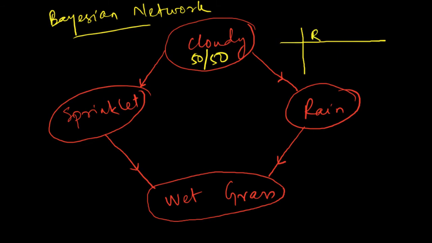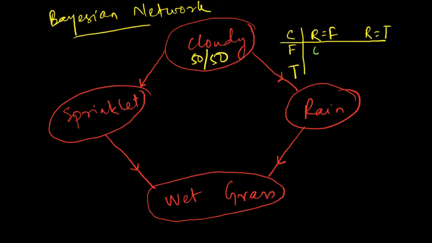So here let's say your rain is equal to false, here rain is equal to true. For cloudy, let's say you have false and you have true. So now obviously if your cloudy is false, it is very likely that your rain is also false. And if cloudy is true, it is very likely that your rain is also true.